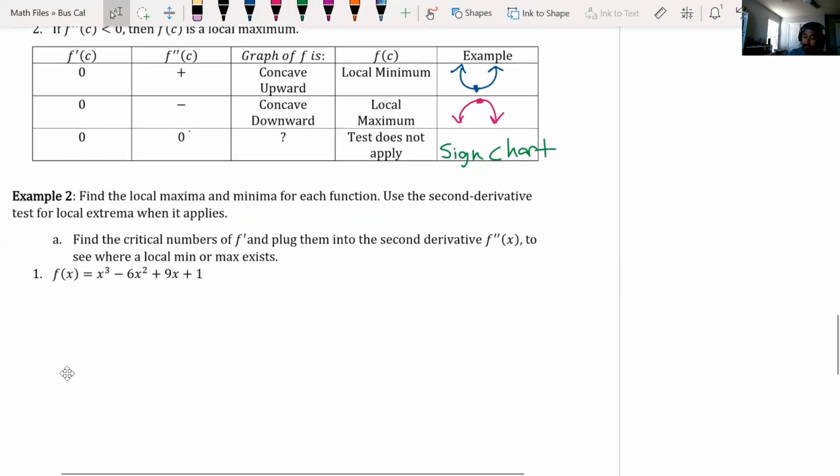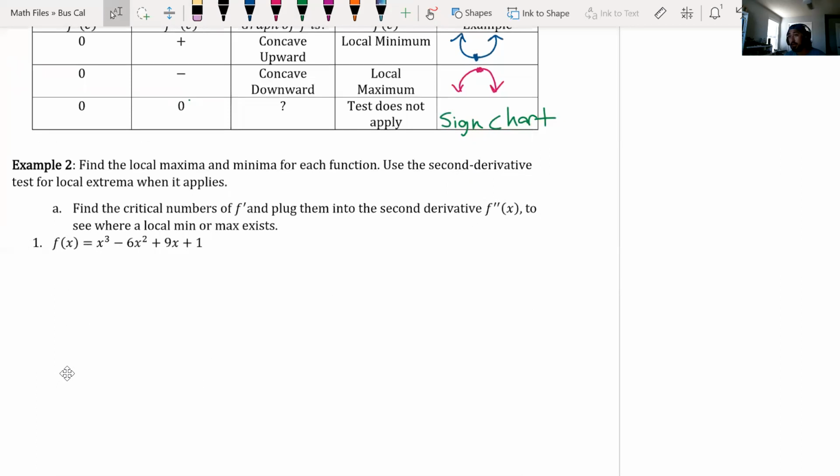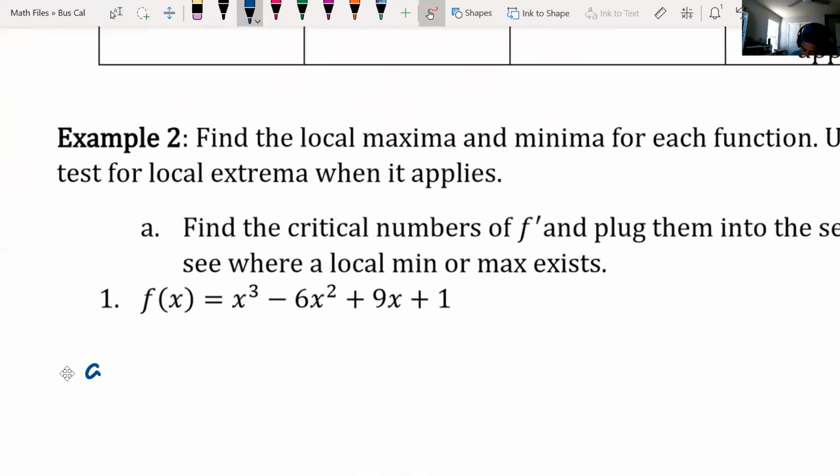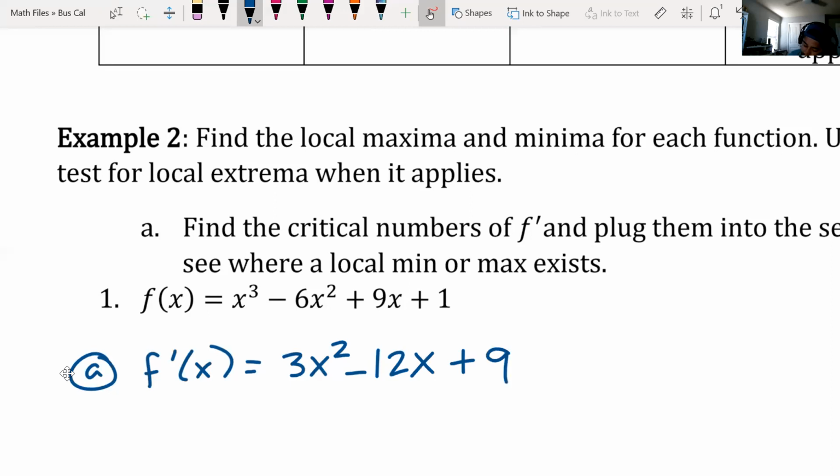All right, well, let's try it out. Let's find local maximums and minimums using the second derivative test. Number one, given this function, x cubed minus 6x squared plus 9x plus 1, let's first find the critical numbers. I'll call this A. f prime of x gives me 3x squared minus 12x plus 9.